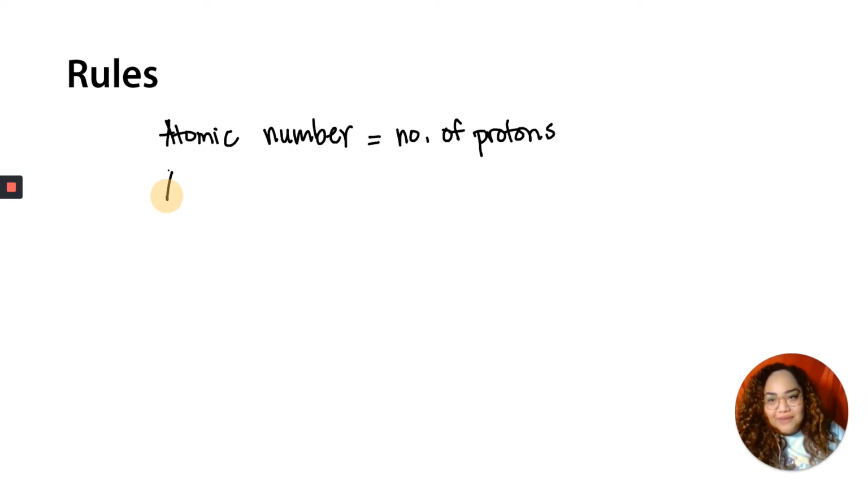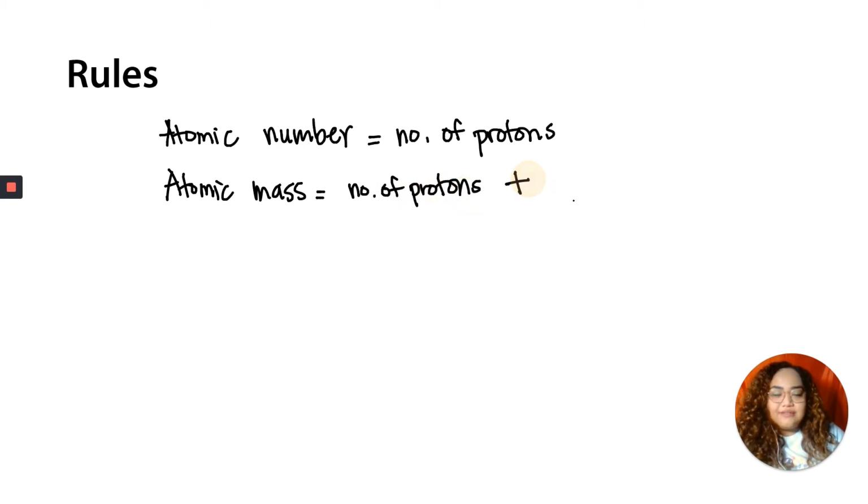Now, the atomic mass, on the other hand, is basically the number of protons plus the number of neutrons. Now, why is that the case? A proton weighs about 1 AMU, or atomic mass unit.